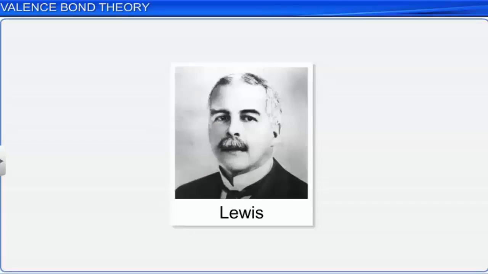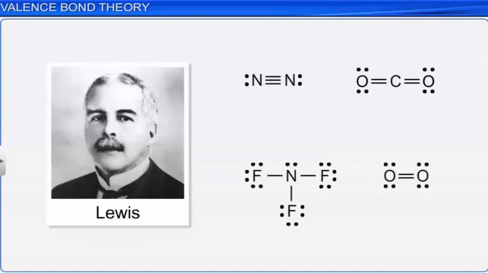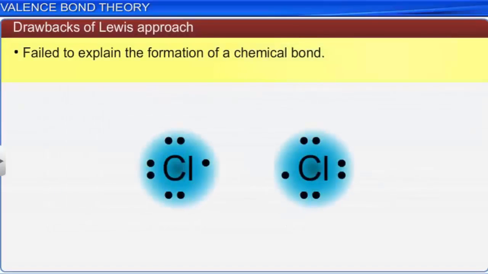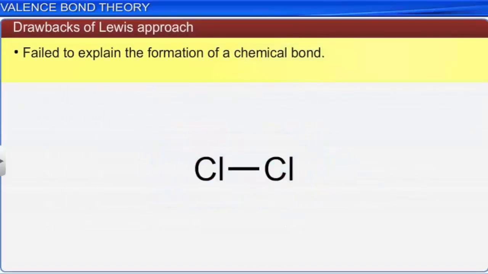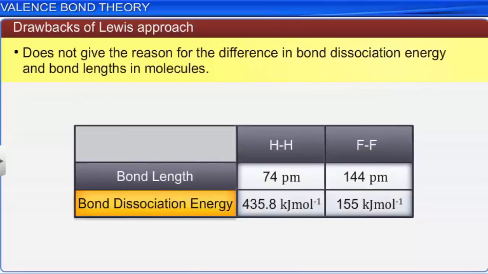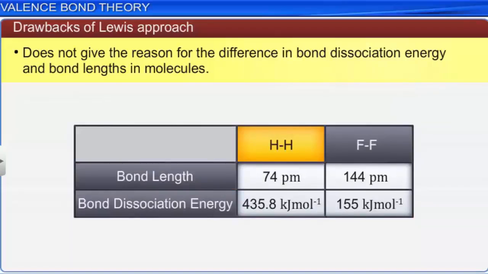Although Lewis's approach to chemical bonding helps us to write the structure of molecules, it suffers from certain drawbacks. These drawbacks are: it fails to explain the formation of a chemical bond. It does not give the reason for the difference in bond dissociation energy and bond lengths in molecules like hydrogen and fluorine, although in both cases a single covalent bond is formed.